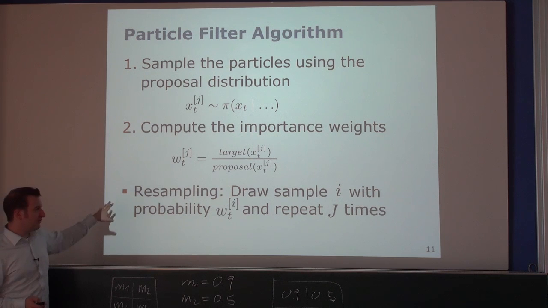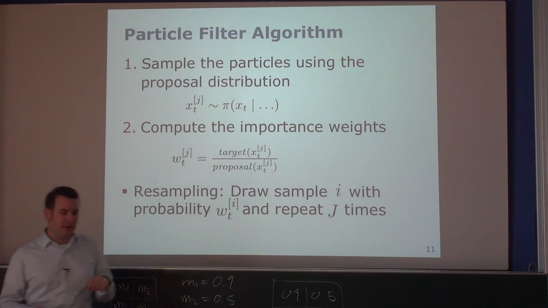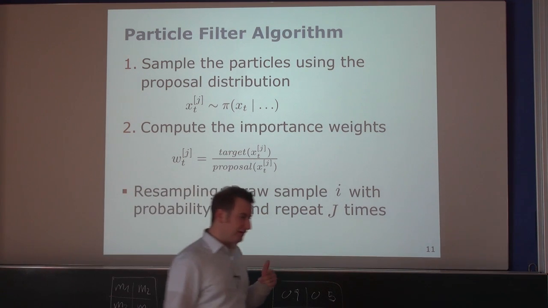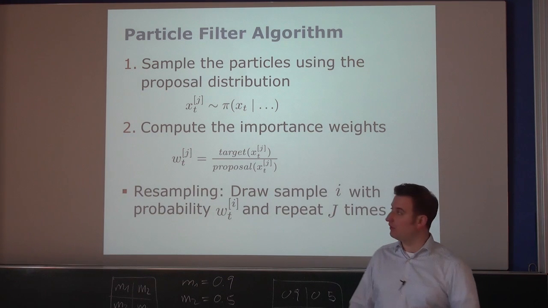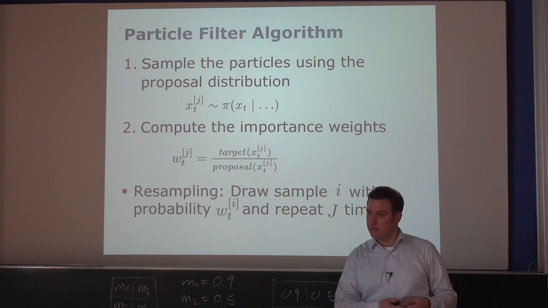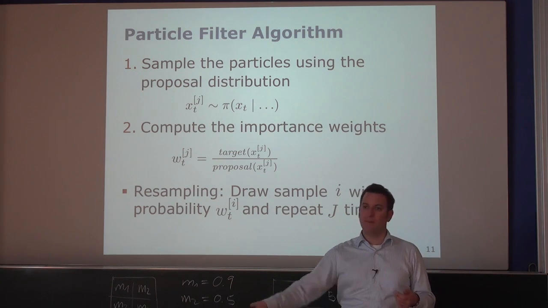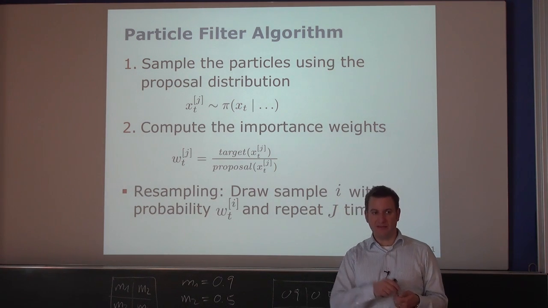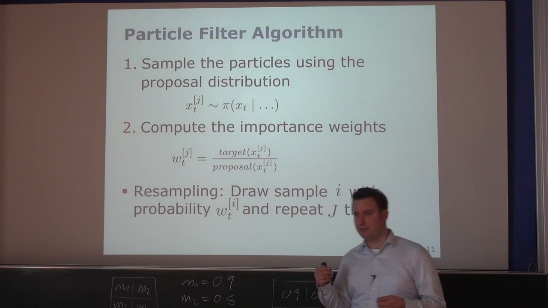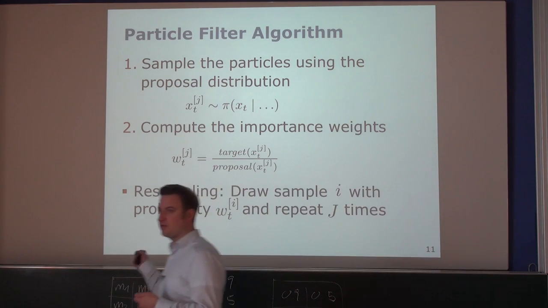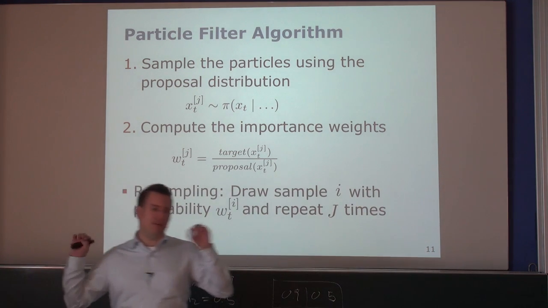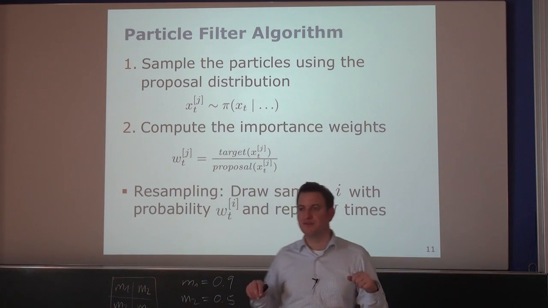And then there's a third step, which is the so-called resampling step. It's a sampling with replacement. So I have my weighted sample set after step 2, and then I just draw J samples out of that with replacement, and the probability of drawing a sample is proportional to the importance weight. You can see this, informally speaking, as a survival of the fittest.